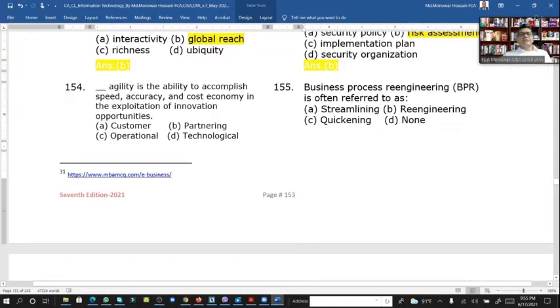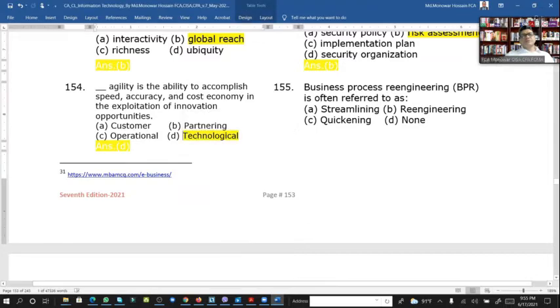Technological ability is the ability to accomplish speed, accuracy and cost economy in the exploration of the innovation of the opportunity. So what would be the answer? Here, the answer is D, technological.